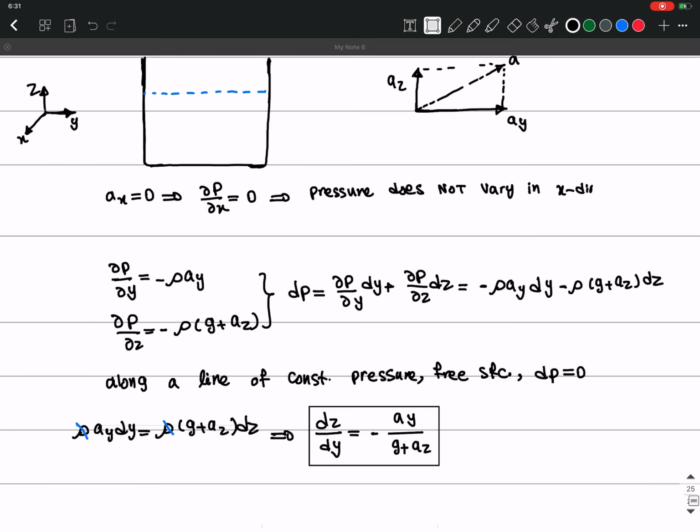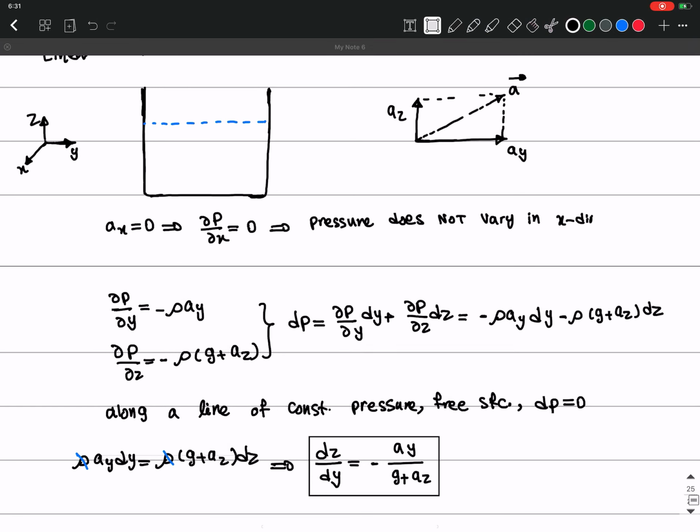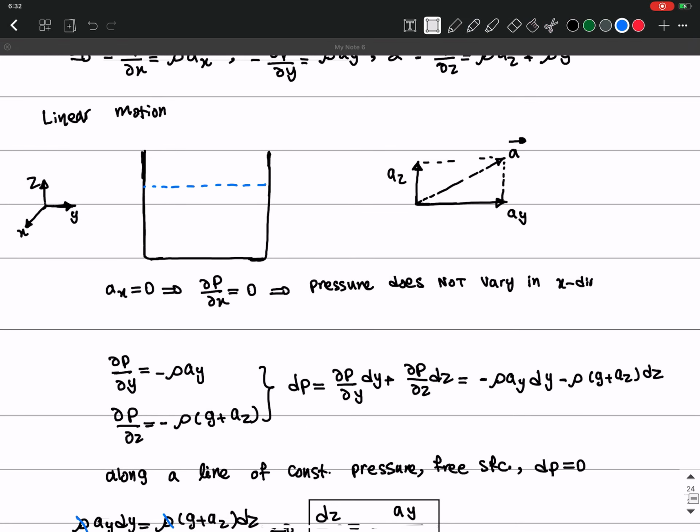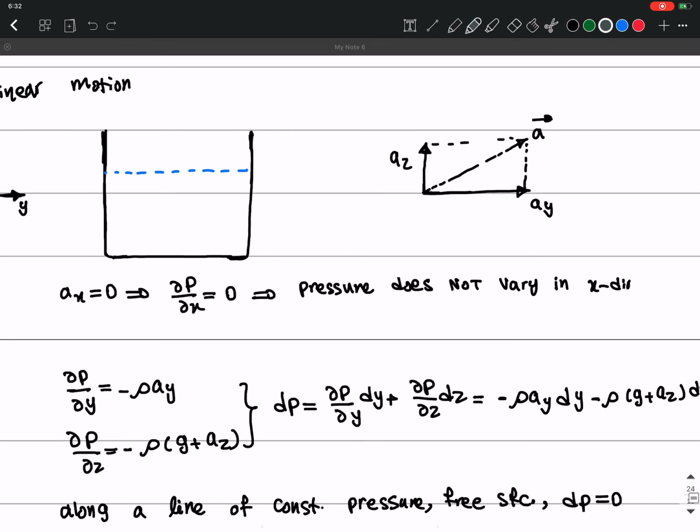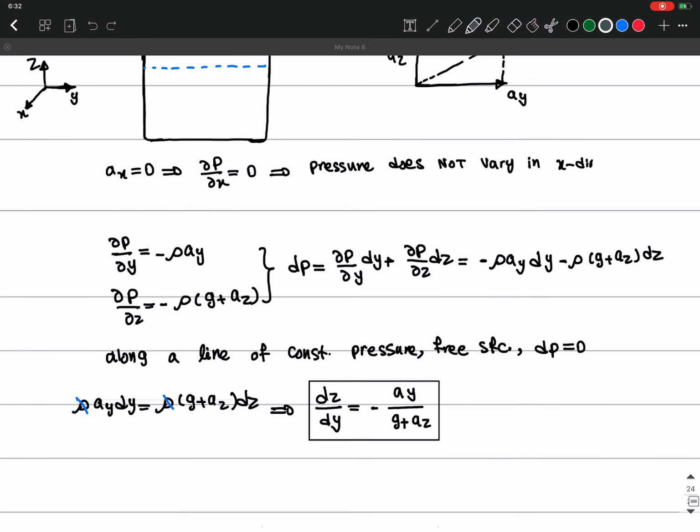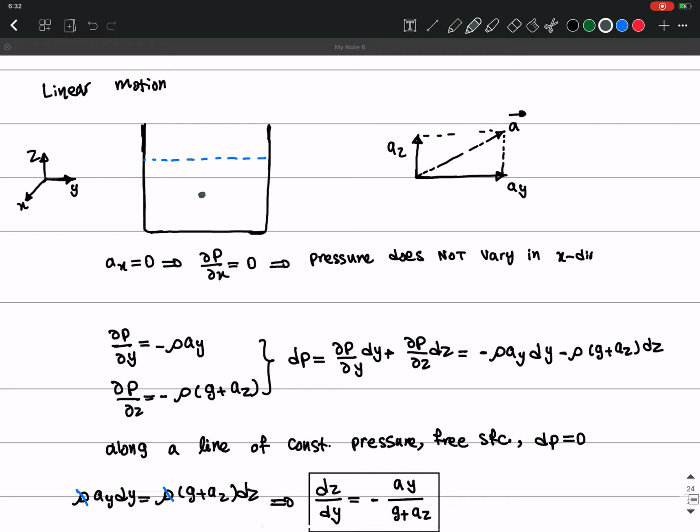And this is a very important relation for finding a free surface of water. So here, you see, if we move this object this way, what do you expect from your intuition? How is the water going to stand if you move it this way?